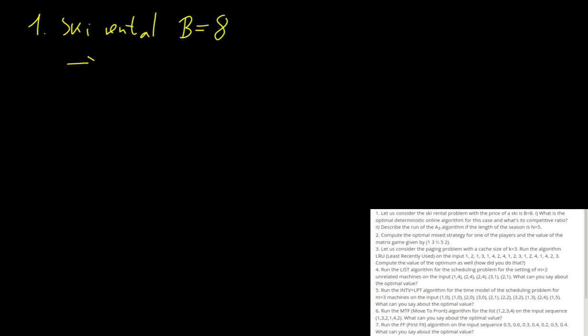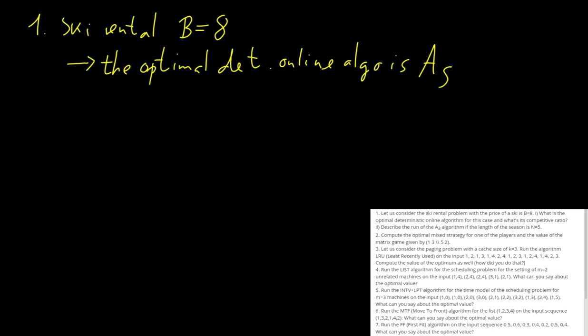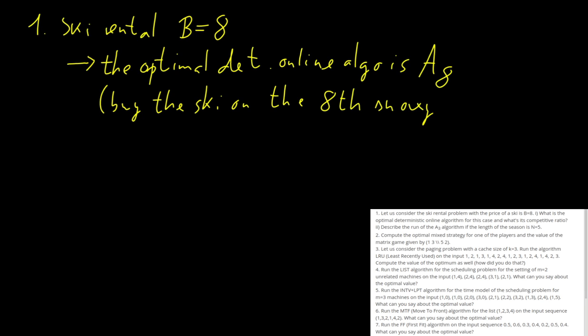Now for this, of course, the optimal deterministic online algorithm, meaning having the smallest absolute competitive ratio, is A8, which means that it will buy the ski on the 8th snowy day, renting till that time.